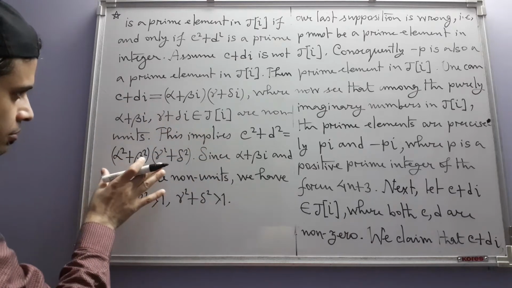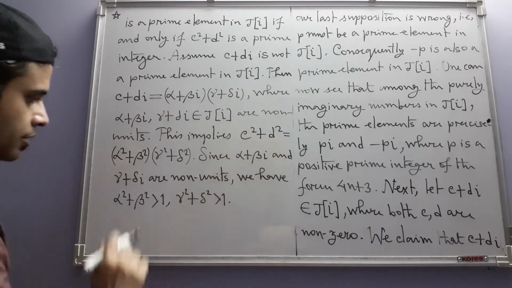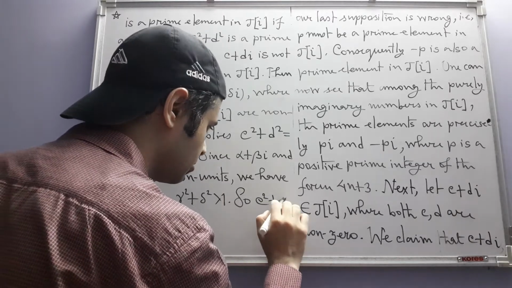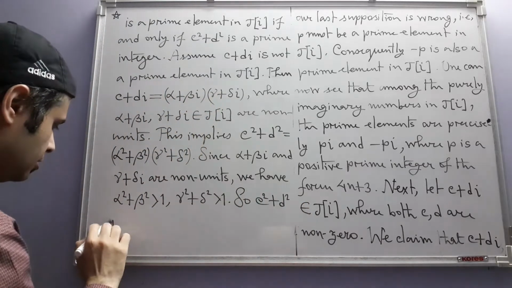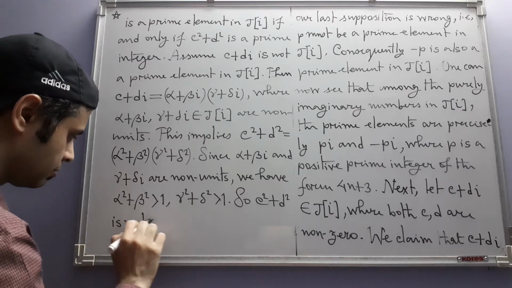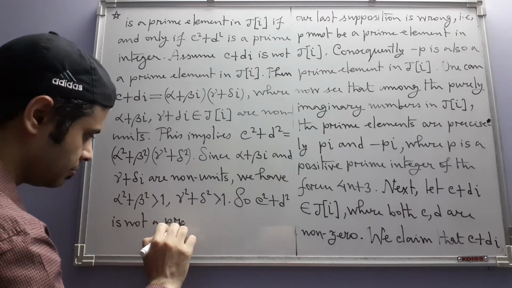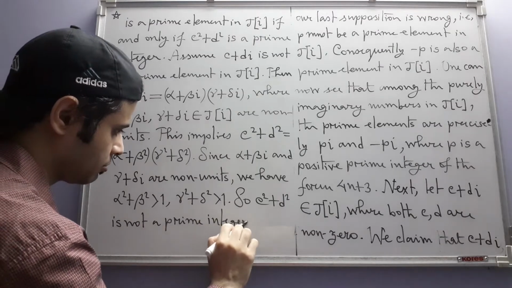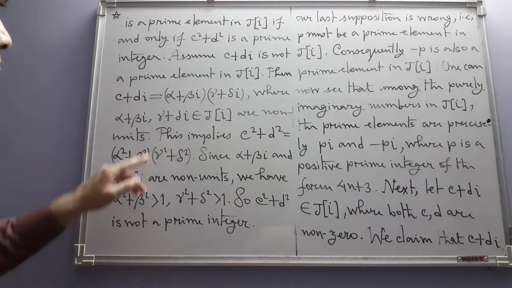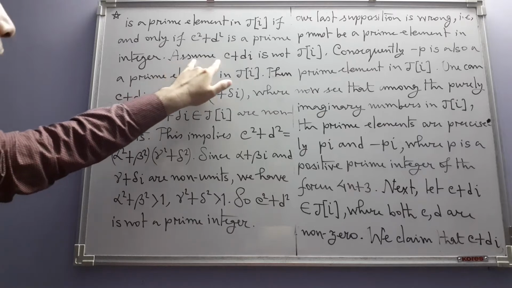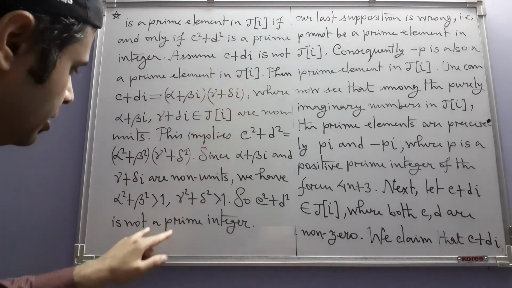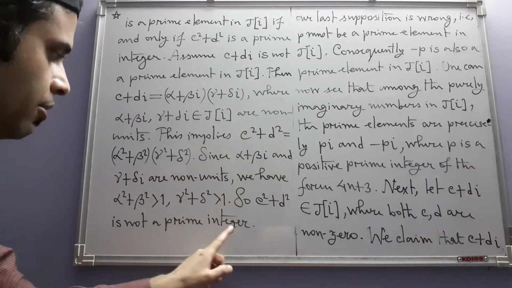So from this equation we get C square plus D square is not a prime integer. So we have proved that if C plus di is not a prime element in Ji, then C square plus D square is not a prime integer.